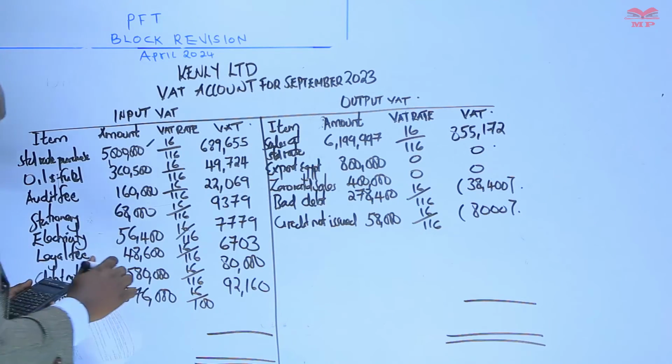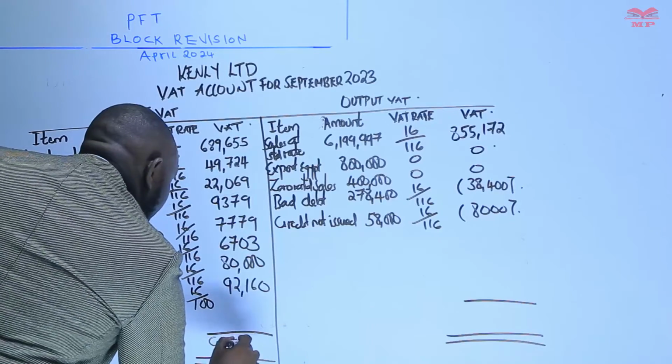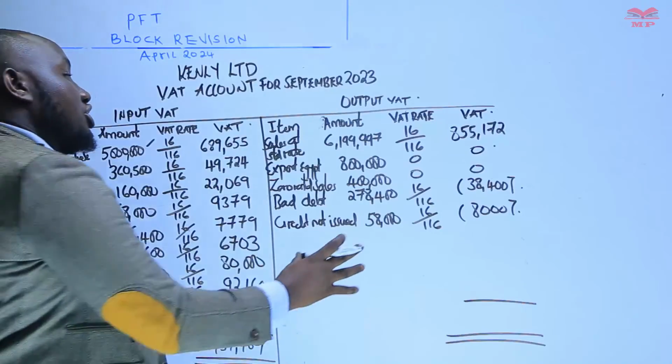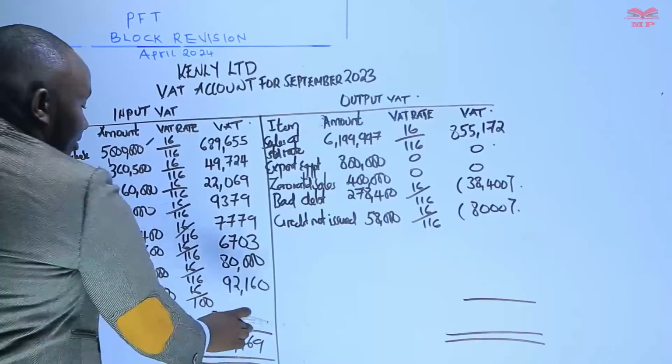So that should be giving us about 957,469. This figure can vary, especially when a student uses this as a positive. The balancing figure would definitely vary.